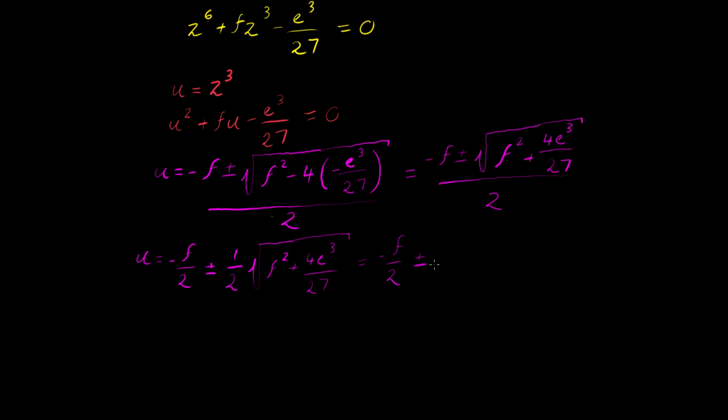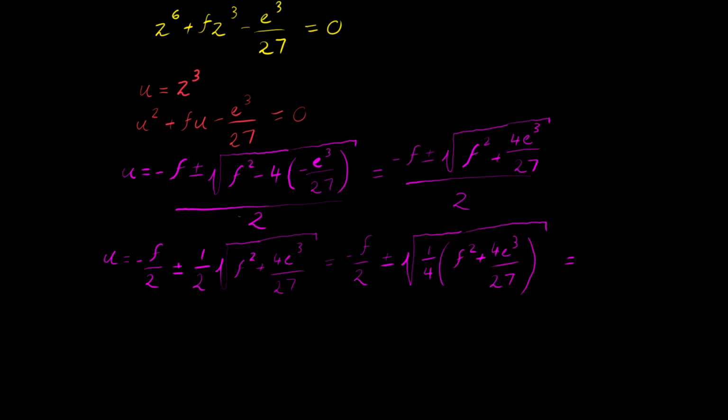the square root of a quarter, because the square root of a quarter is just a half, right? A quarter times everything inside there, so it's going to be f squared plus 4e cubed over 27. So now we just have to multiply this 1/4 times everything in the parentheses, and we will have simplified it quite significantly. So let us rewrite this.